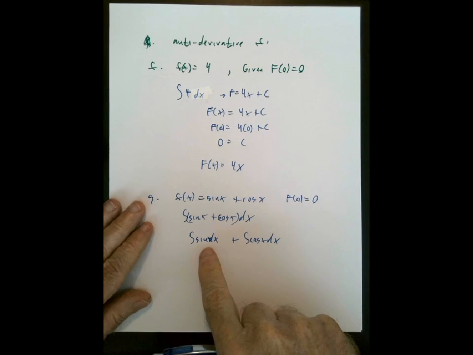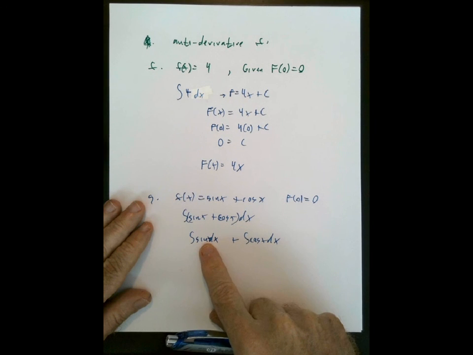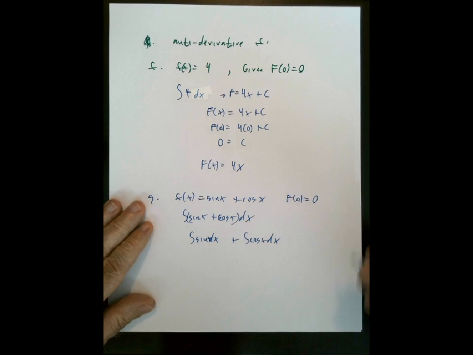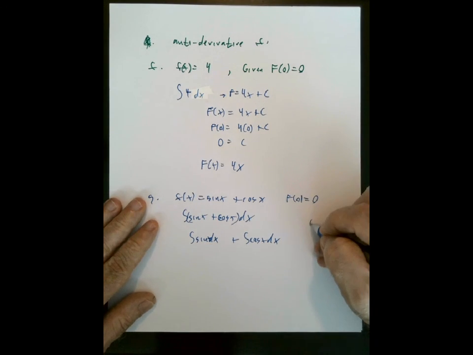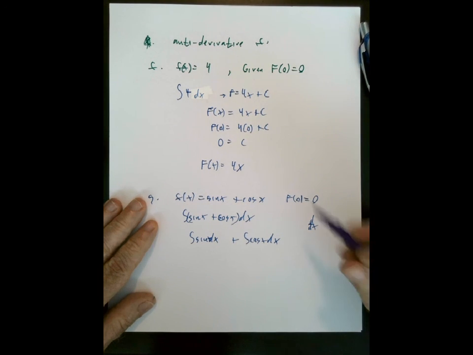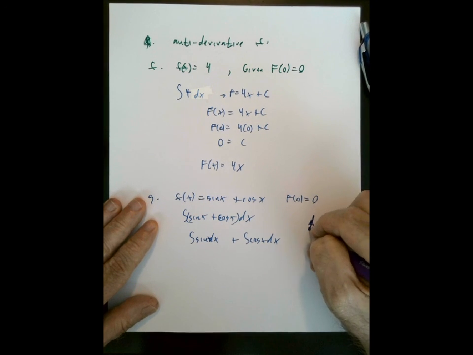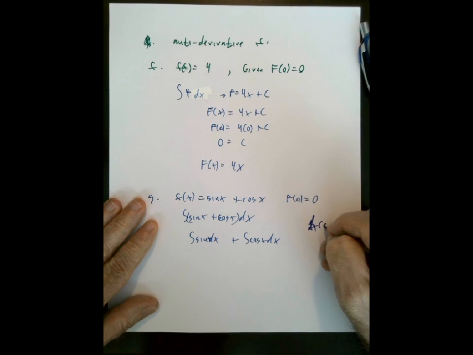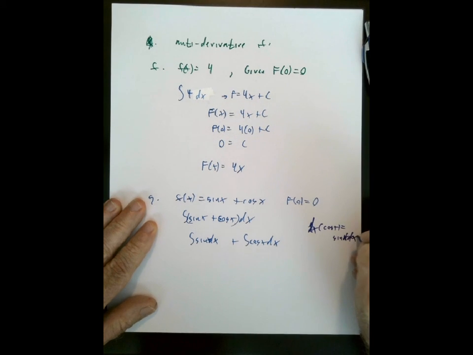So what's the function that if you take the derivative of it, you get positive sine? Well, the derivative of cosine will equal negative sine x dx, right?